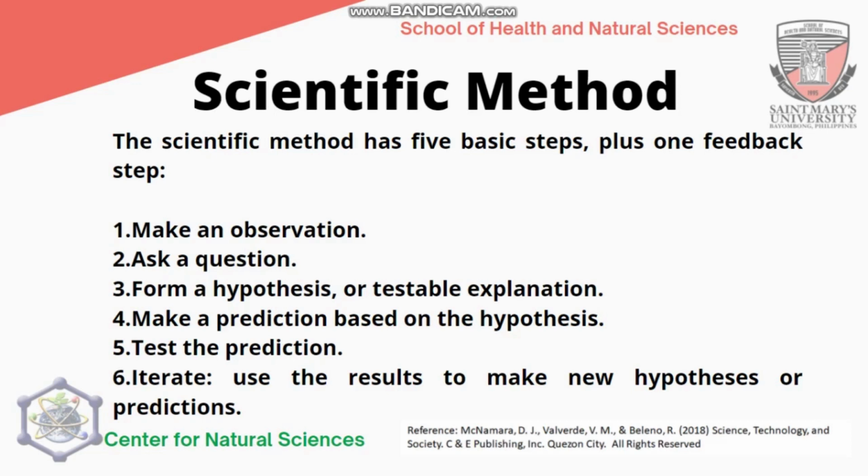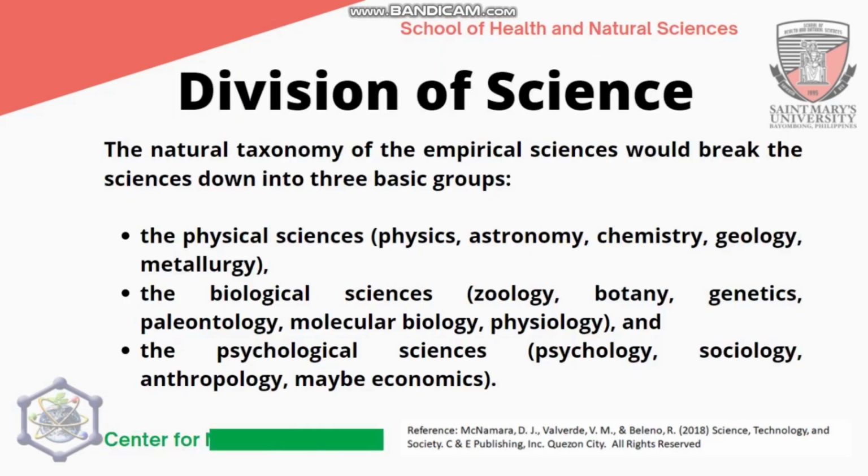We have making an observation through your senses, asking a question or problem, forming your hypothesis or testable explanation, making a prediction based on the hypothesis, or creating your null hypothesis. Fifth, test the prediction through experimentation. Use the results to make new hypotheses or predictions.